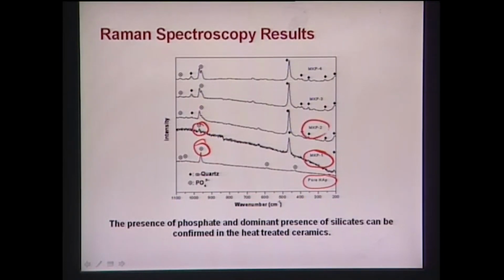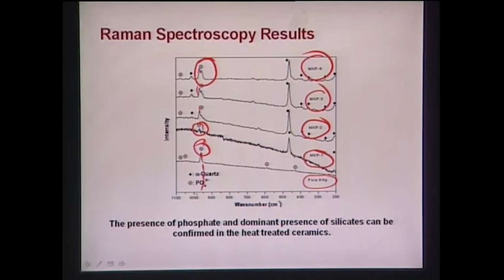But when you are heat treating at 900, 1000 and 1100 degrees Celsius, your phosphate peaks also become more prominent, and therefore these phosphate peaks are in line with the phosphate peaks of calcium hydroxyapatite, Ca10(PO4)6(OH)2, that is your hydroxyapatite phase. So the presence of this phosphate peak is quite important here.